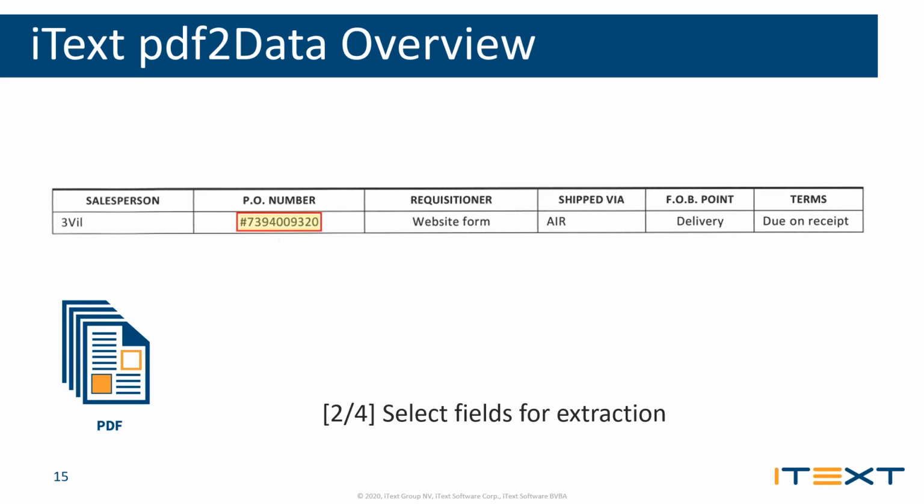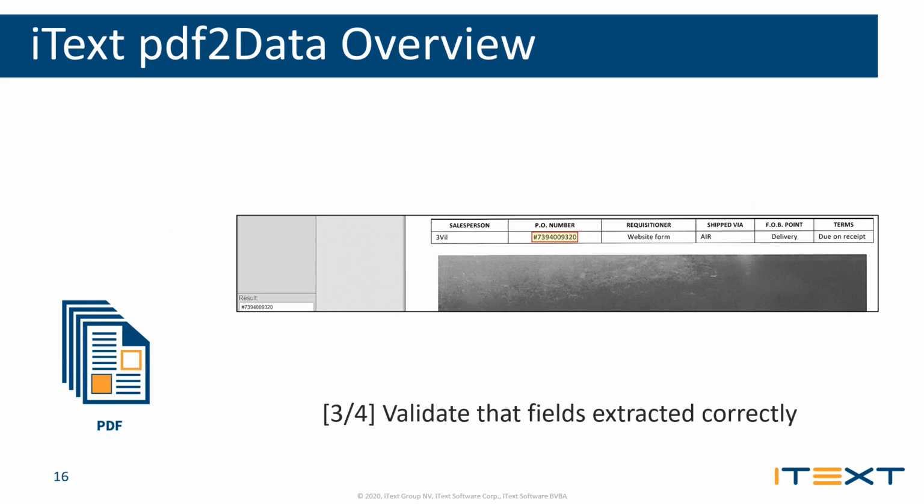Basically, we have one example document, and we are giving pdf2Data the rules on the type of data that we want to extract from all of our documents. Okay, so it's very easy. You visually define which fields you want to recognize, and then you can validate, before doing any code at all, if pdf2Data is able to recognize and extract the information correctly.